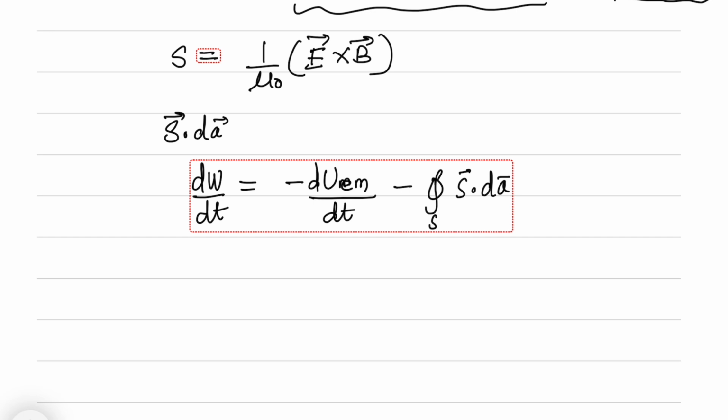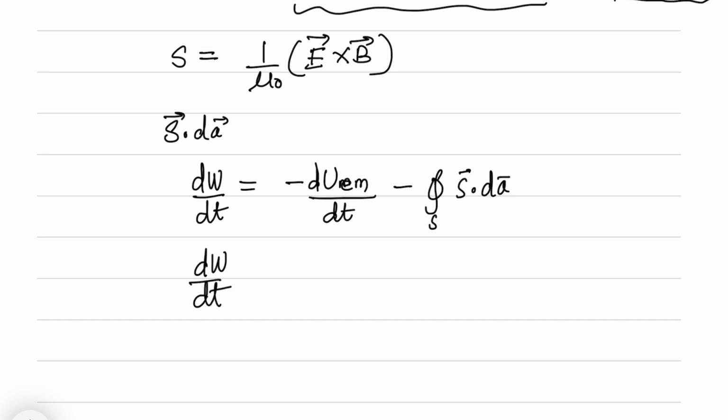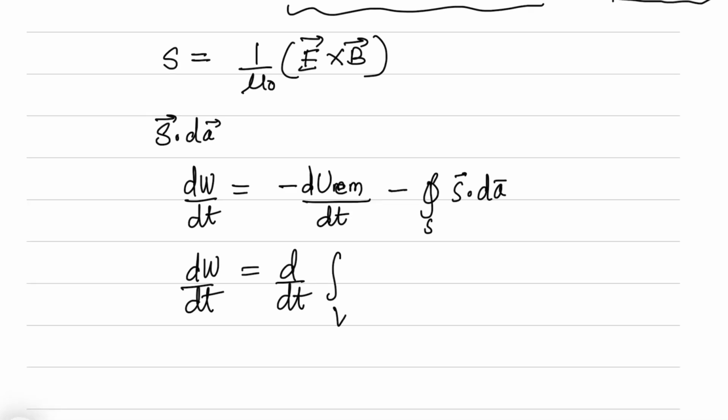Of course, the work done on the charges will increase their mechanical energy, that is kinetic, potential, or whatever. If we let U mechanical denote the mechanical energy density, then dW upon dt will be equal to d by dt of the integral over the volume V of U mechanical d tau.